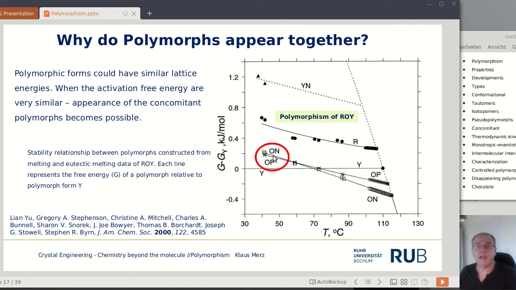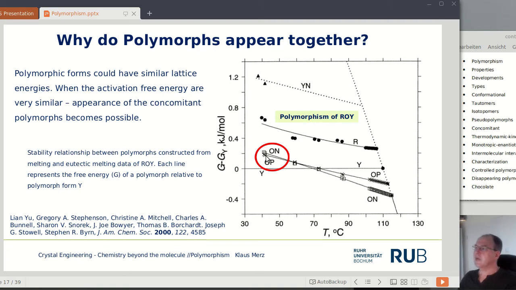And the second thing is, for example, look here at the lattice energies of the ON and OP lattice. You will see this is a very tiny, extremely tiny difference. No? And we are talking in the range of kilojoules per mole. You see a difference of about 0.1 kilojoule maybe, not more.